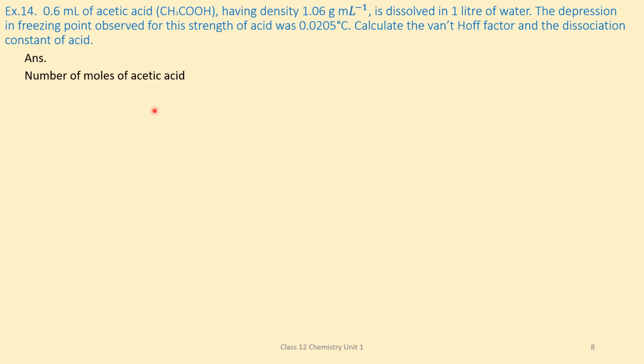Number of moles of acetic acid is equal to 0.6 ml into 1.06 grams per milliliter divided by 60 grams per mole. That is equal to 0.0106 mole. Let the number of moles of acetic acid be n.